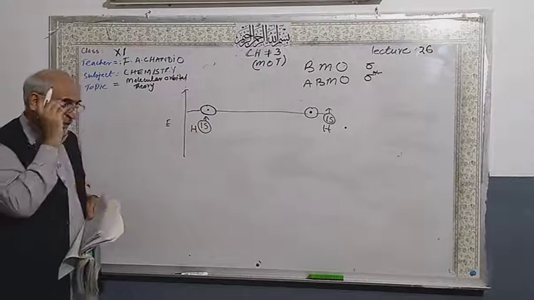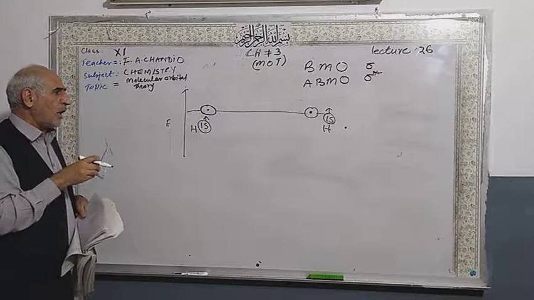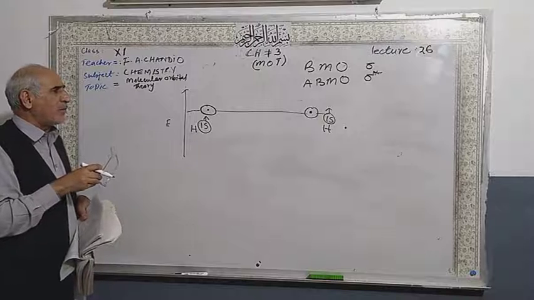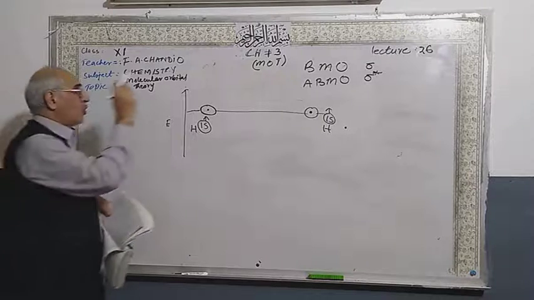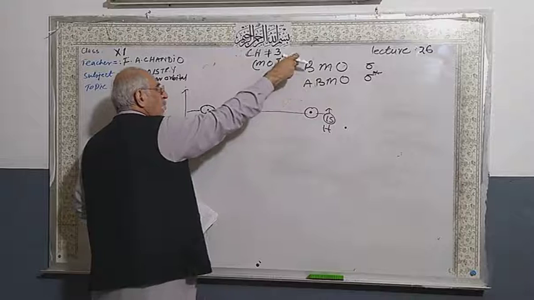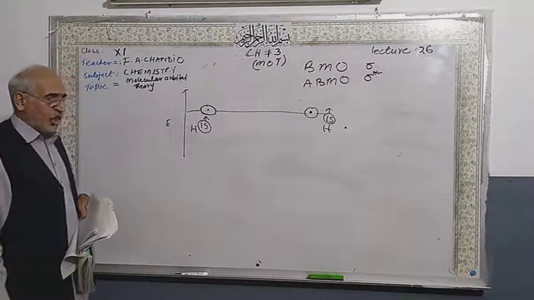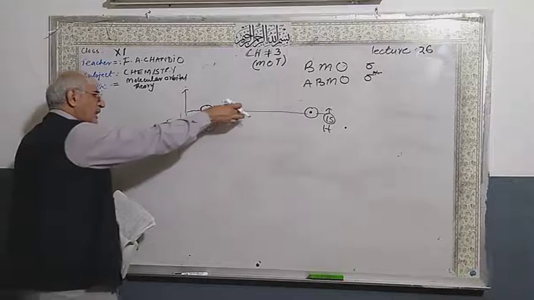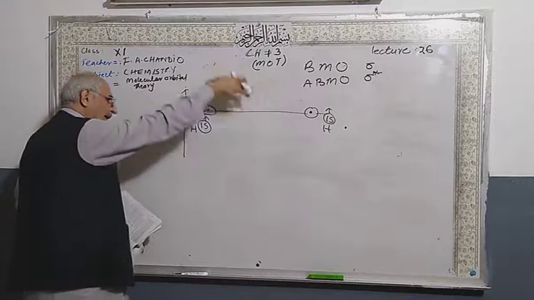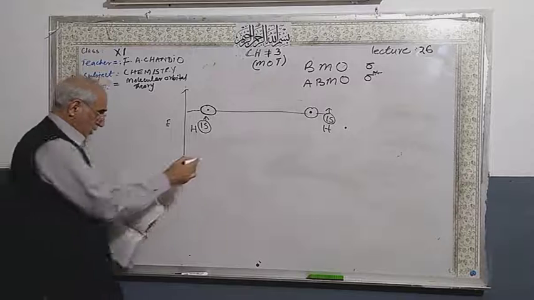So according to the definition, when these two atomic orbitals mix together to form two molecular orbitals, one is called a bonding molecular orbital, which is below this line, with less energy.